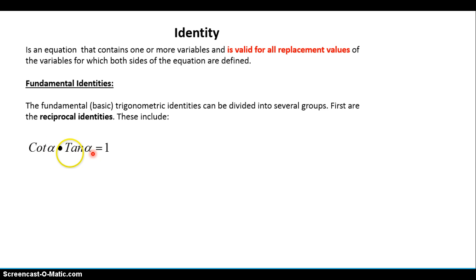If both angles are the same, all the time the cotangent times the reciprocal, that is the tangent, is going to give us 1. Therefore, if we isolate the cotangent, we'll get that the cotangent is the same as 1 and the tangent passes dividing. That's why the cotangent equals 1 over the tangent of alpha. This is the first reciprocal identity.